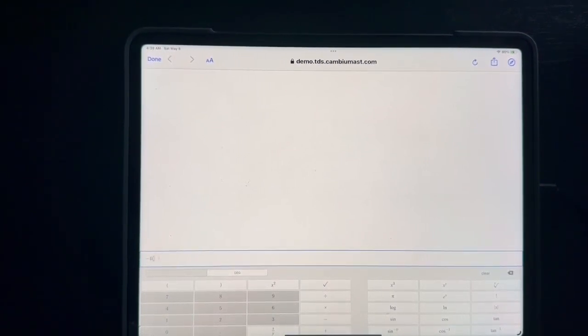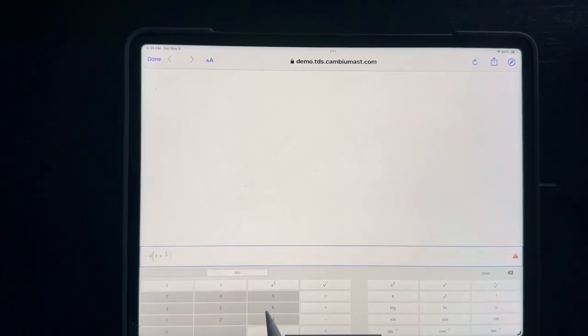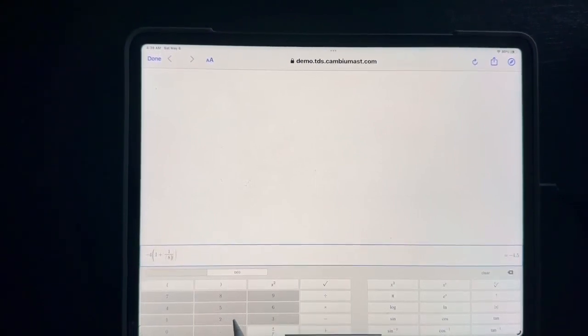-4, parentheses, 1 plus 1/8. So that means 1 divided by 8. And then parentheses.